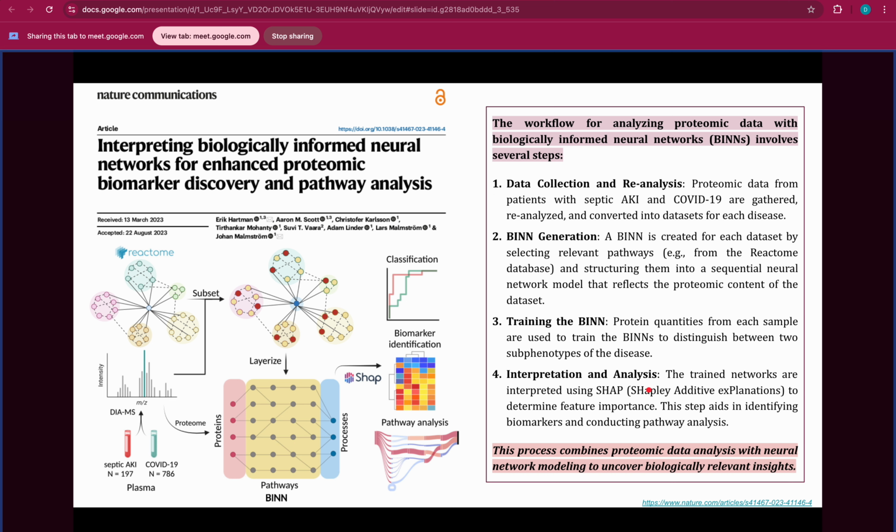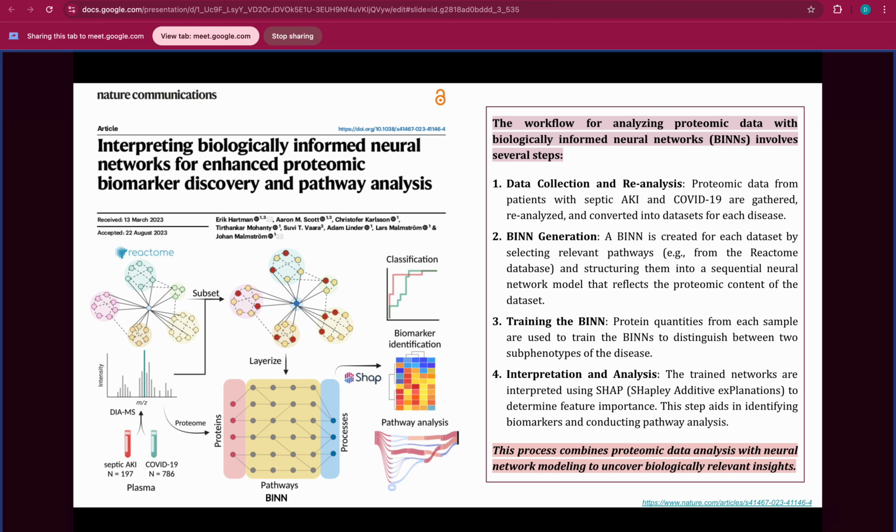And then for interpretation and analysis, the trained networks are interpreted using SHAP, which is Shapley additive explanations, to determine feature importance. You don't have to go into such technicality of the terms, but overall what they are doing is trying to distinguish between two subtypes of the disease.